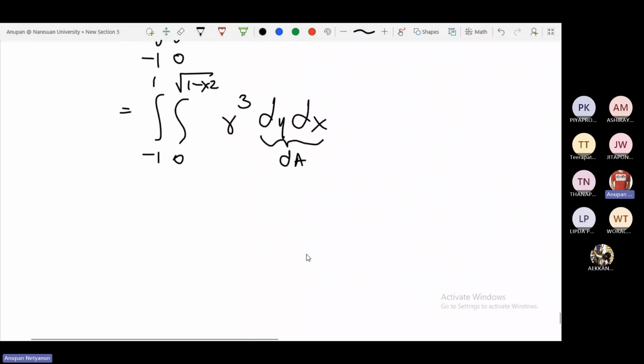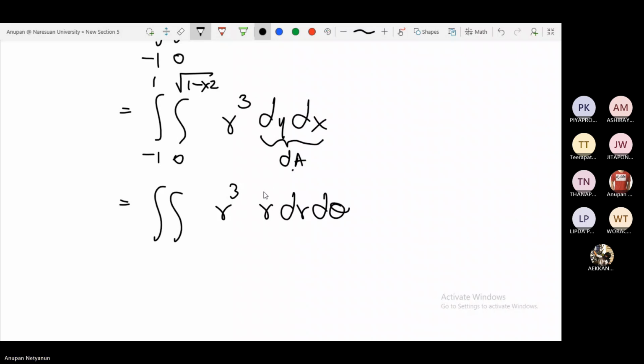But if we think in polar coordinates, this becomes r dr d theta. See? More simple, right? And then we just try to find the running number for r and theta.